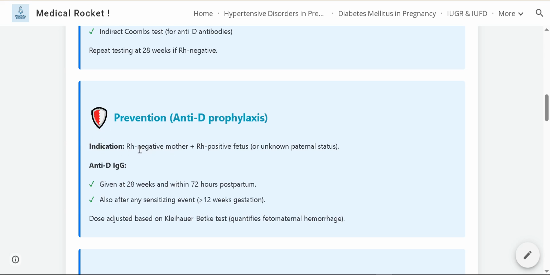Indication: Rh-negative mother with an Rh-positive fetus, or when the father's Rh status is unknown.